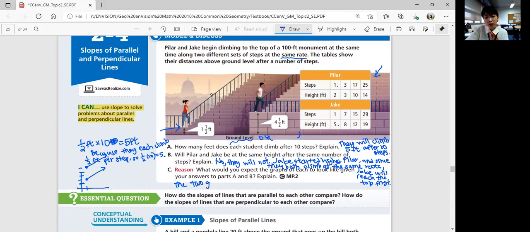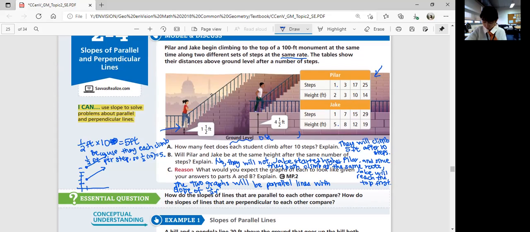The 2 graphs will be parallel lines with a slope of... how many feet per step is going to be your slope, right? Which is half a foot. Let's not write the feet.